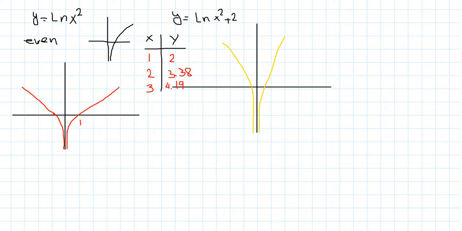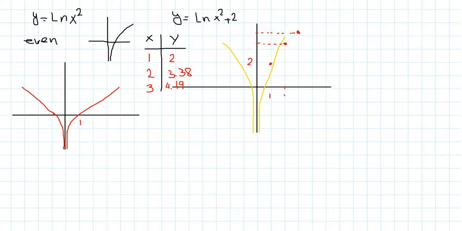Now let's find these points. 1 and 2, this is the first point. The second point is 2 and 3.38. So 2 and this is 3.38, it should be here. So this is the next point. 3 and 4.19. 4.19 is here, and 3 is this line.